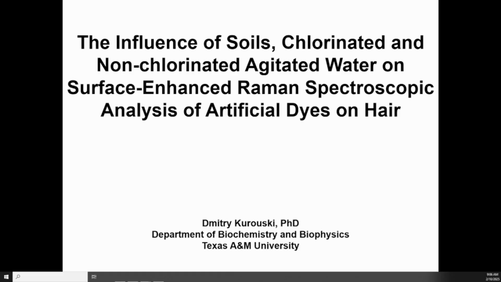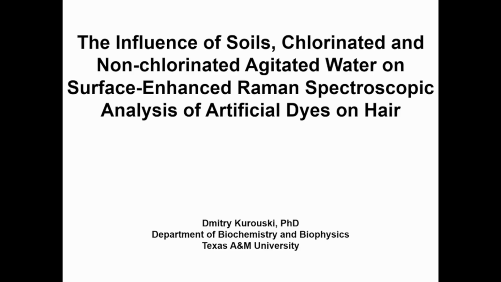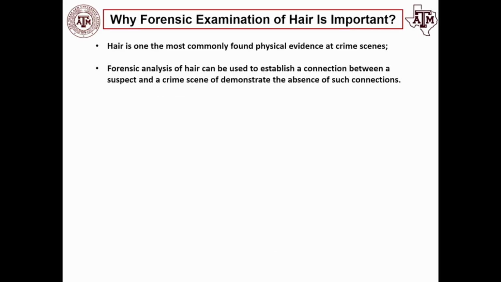At Texas A&M, we focused on advancing the forensic analysis of hair. In our opinion, it's a very important task because hair is one of the most commonly found pieces of evidence at crime scenes. And obviously, forensic analysis of hair can be used to establish a connection between a suspect and a crime scene or demonstrate the absence of such connections.